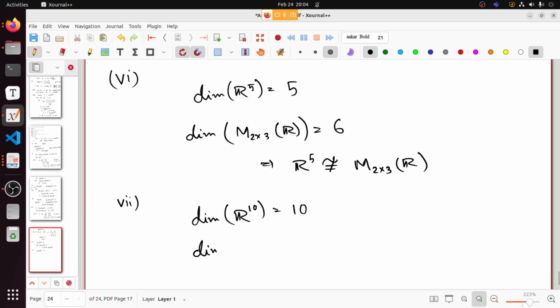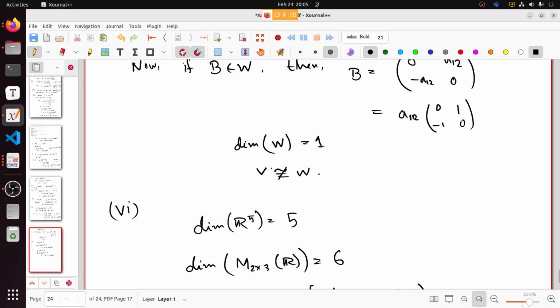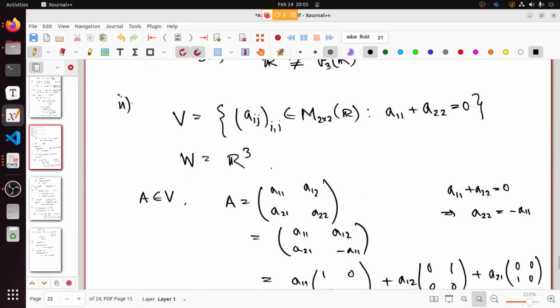And what is the dimension of M2 cross 5 matrices? It is 5 times 2, again 10. So they are isomorphic: R10 is isomorphic to M2 cross 5. So the last option is correct.